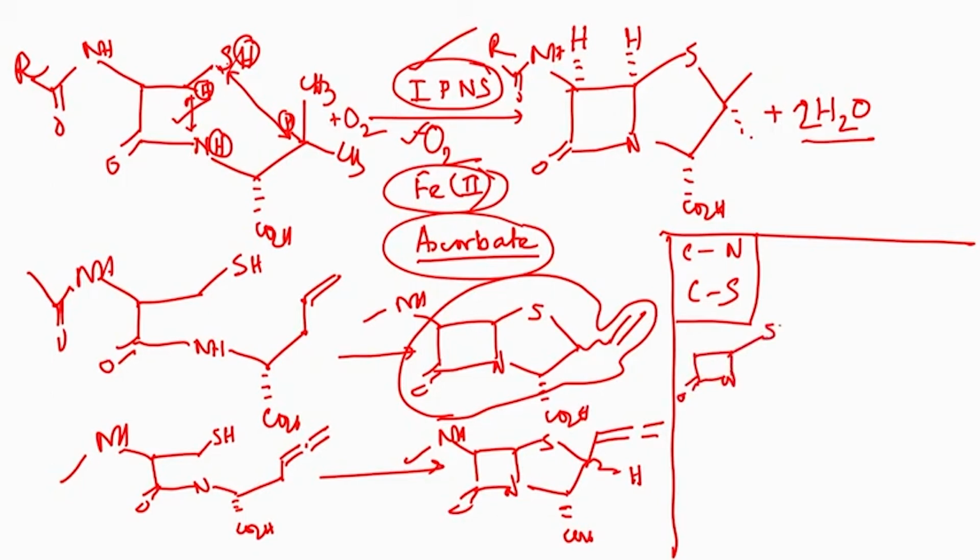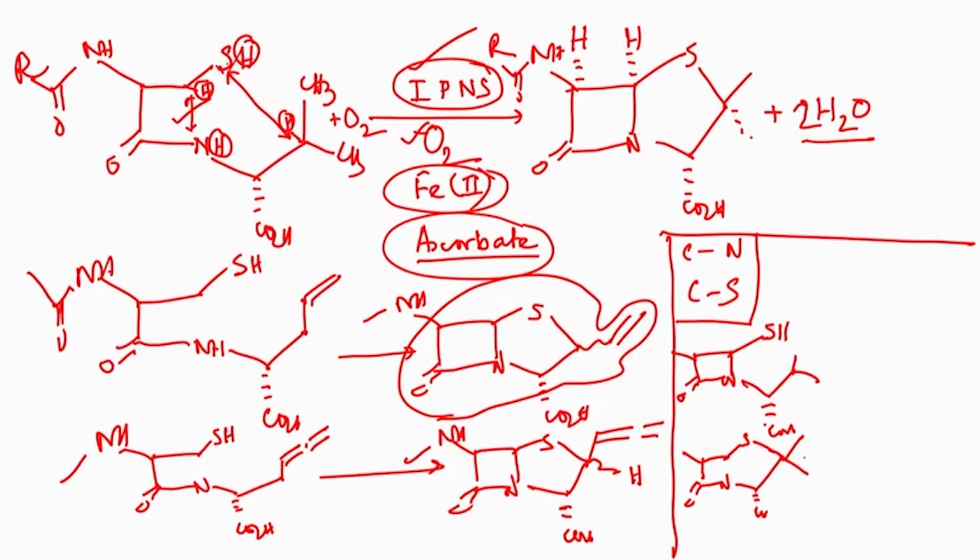If this is the intermediate, that means the carbon nitrogen bond is formed first. On the other hand, if you get this, then you can say that the carbon sulfur bond is formed first.